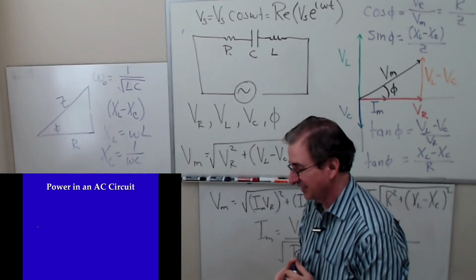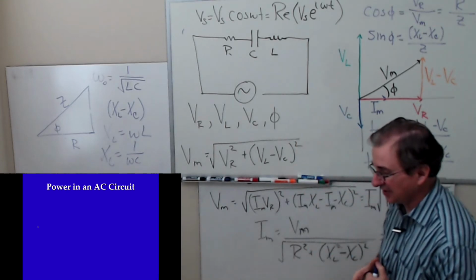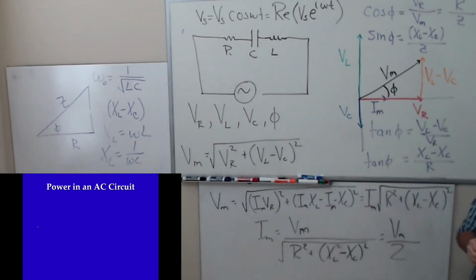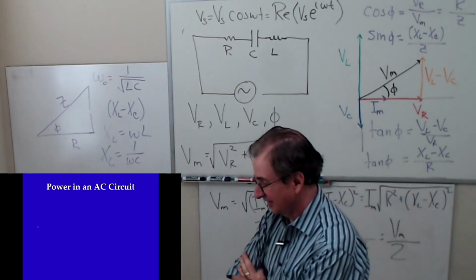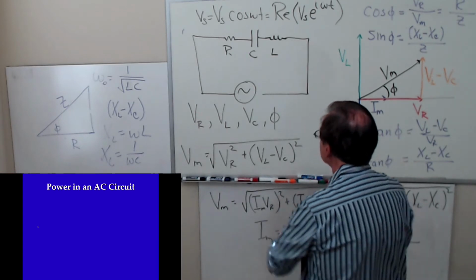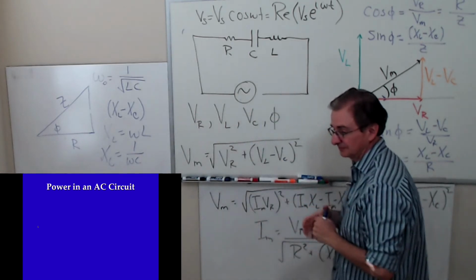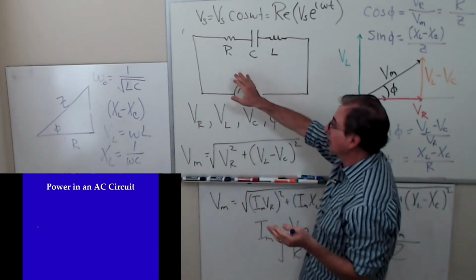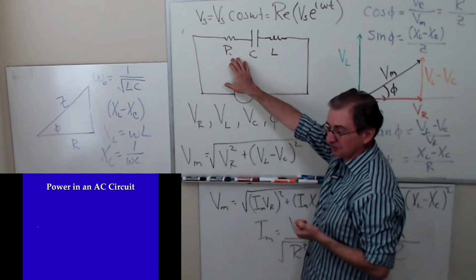Yeah, they're negating each other at all times. And so basically it's like there's just a resistor in the circuit. That's right. All the energy loss is due to the resistor, even when you're not at resonance.